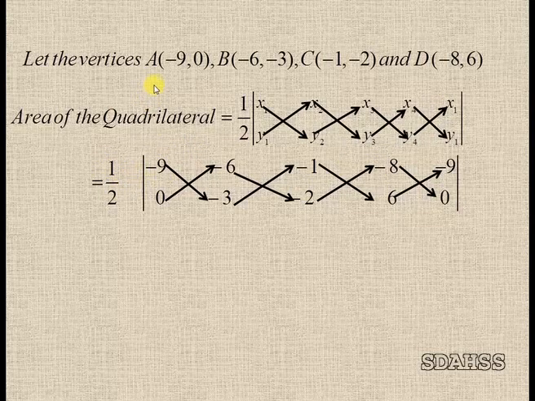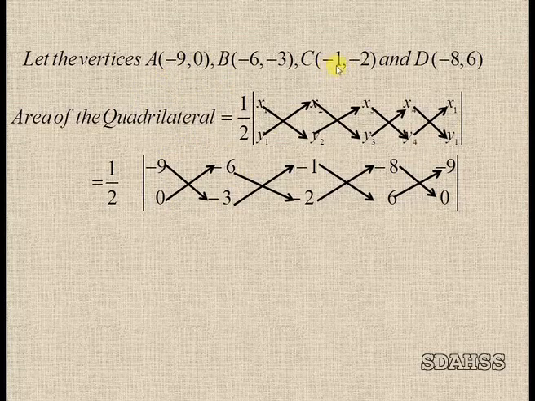In the place of x1 y1 you write (-9, 0), (-6, -3), (-1, -2), (-8, 6), (-9, 0).